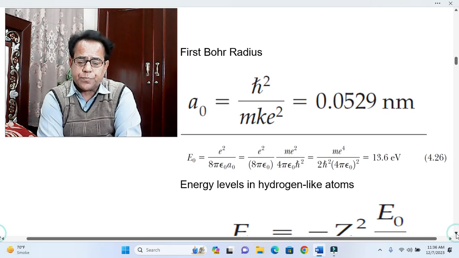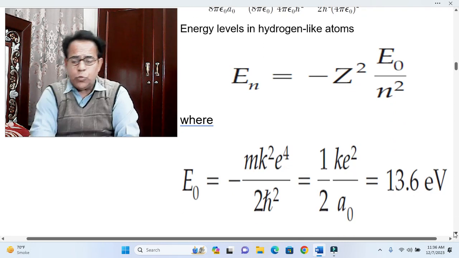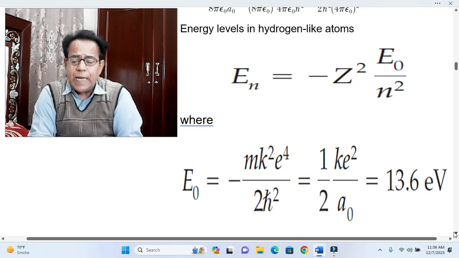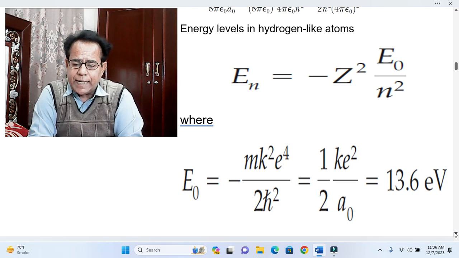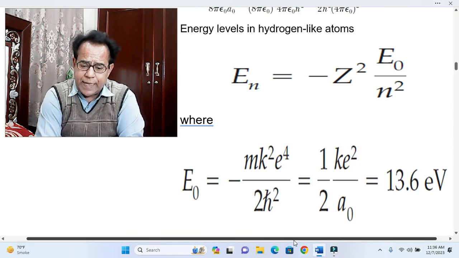Now the next snapshot is also about E naught. Energy levels in hydrogen like atoms are given as E n equal to minus z square into E naught over n square, where E naught is equal to minus m k square e raised to the power 4 divided by 2 h cut square.